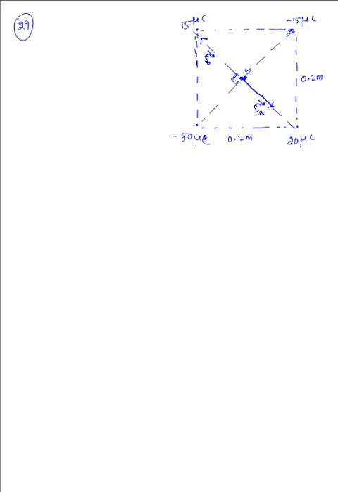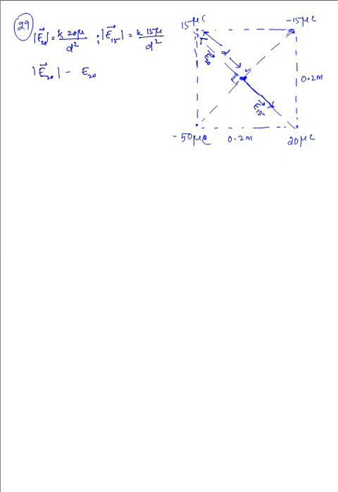What you are going to end up with is K, the electric field due to 20, we are just considering the magnitude over here, K 20 micro divided by, let's say the distance is d, it will be d for each of those cases, divided by d squared. And then for E15, we'll have K 15 micro divided by d squared. Now as for the resultant, we'll have E20 minus E15.